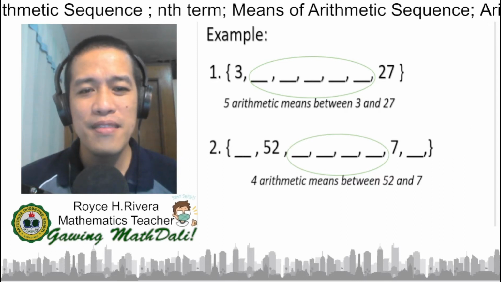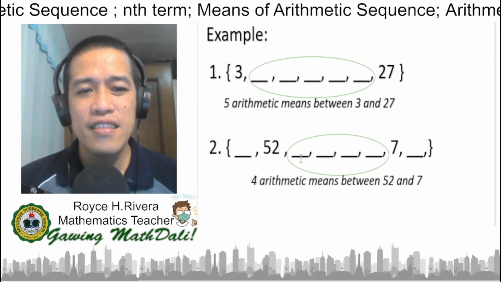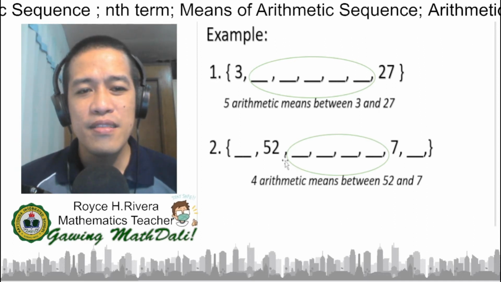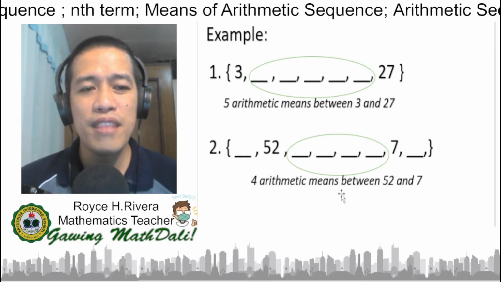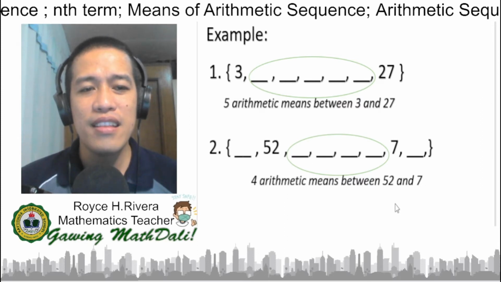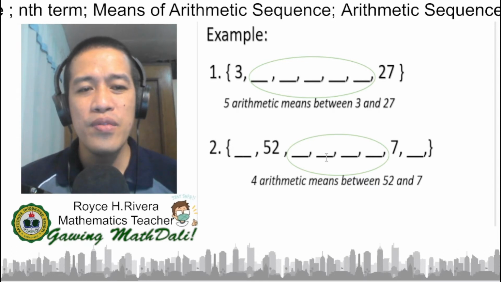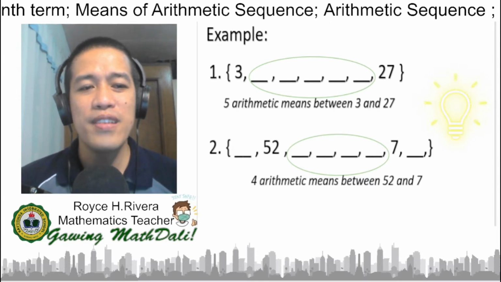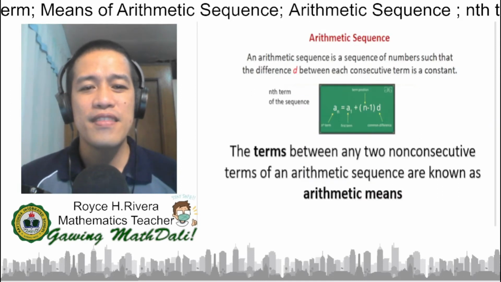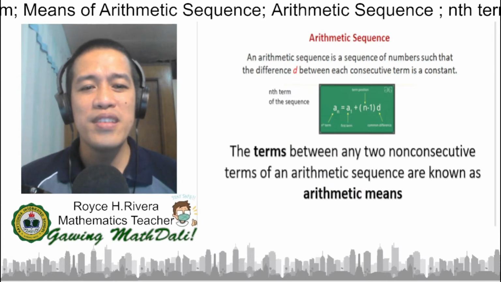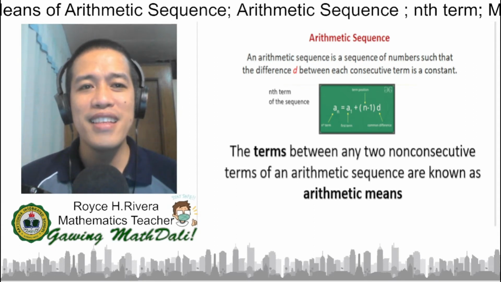Second example, we have 4 arithmetic means between 52 and 7. Bilangin natin yung blanks. 1, 2, 3, 4. Again, the terms between any two consecutive terms of an arithmetic sequence are known as arithmetic means.